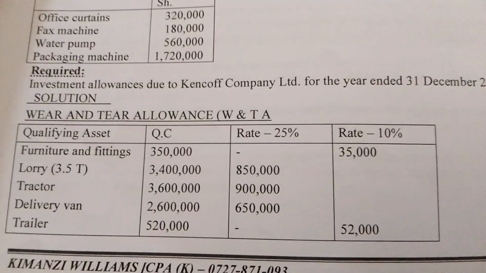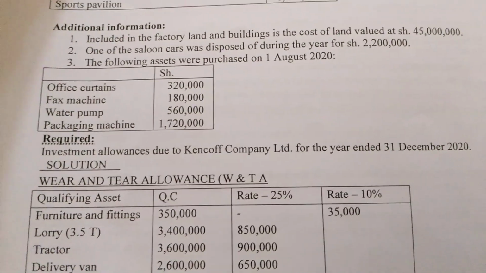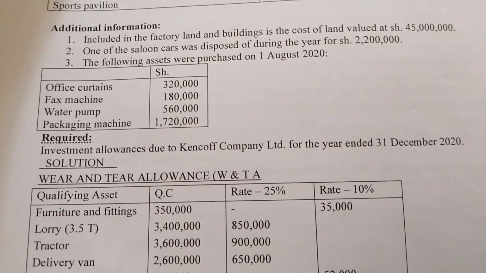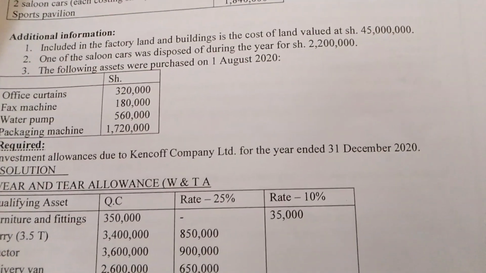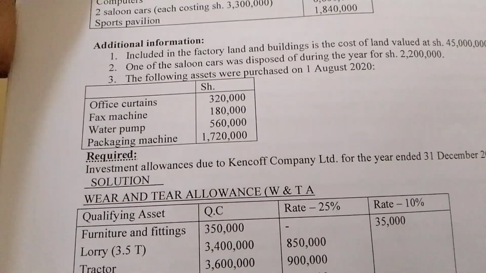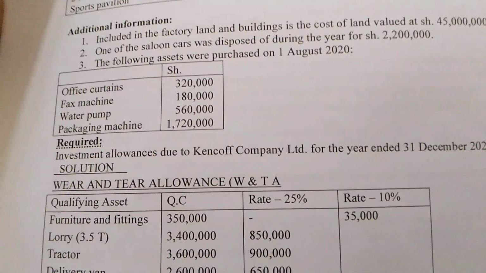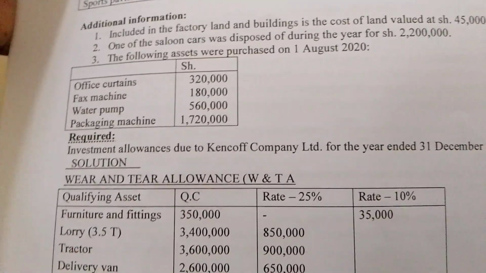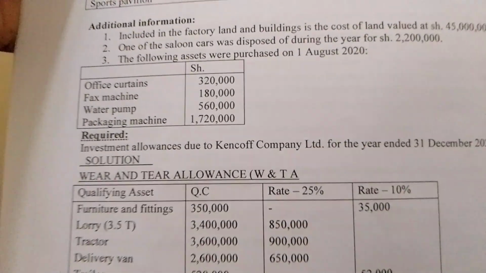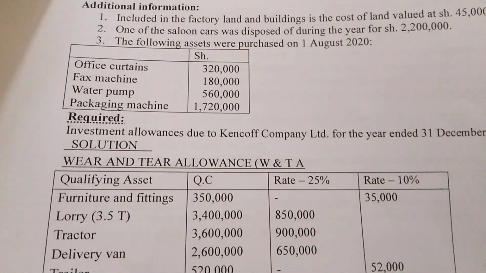Now, you remember our format. Here, those items which qualify for 25% rate and 10% rate, what we calculate there is something called wear and tear allowance. Wear and tear allowance replaces what? Depreciation.